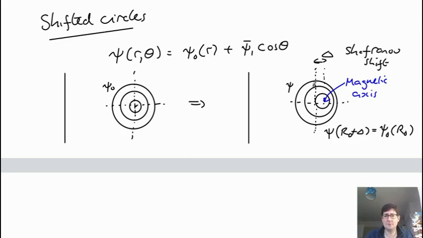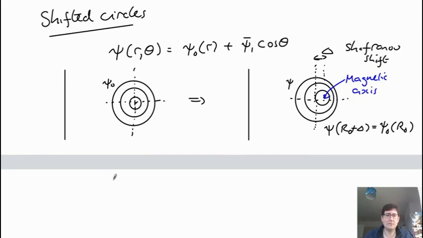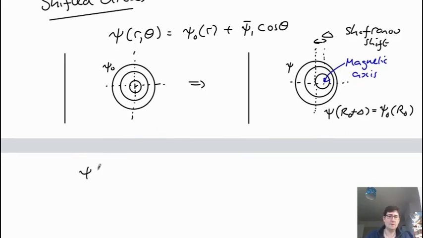So for example, what's happened over here, this value here is the value at the edge of this flux surface here, and so we can write that psi at r is approximately equal to psi naught at r minus delta. So we're taking this value and we're working out from here what the value of psi was by shifting it backwards, this distance delta.